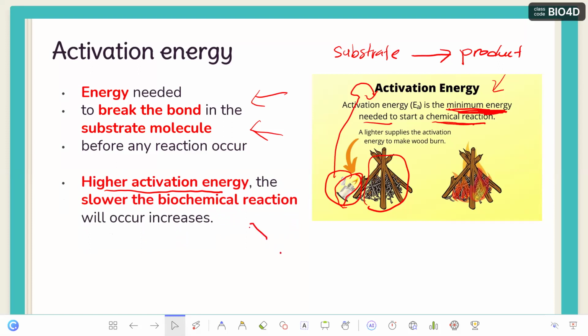That is why the enzyme enters. Enzyme is the one that is going to lower the activation energy. EA is the short form for activation energy. The enzyme comes in, lowers the activation energy, and this will make the biochemical reaction faster.